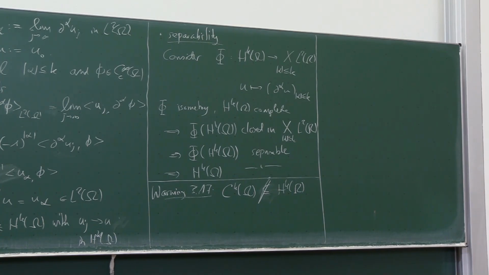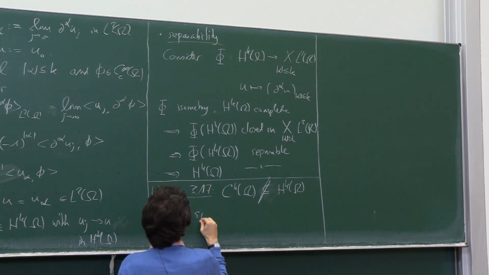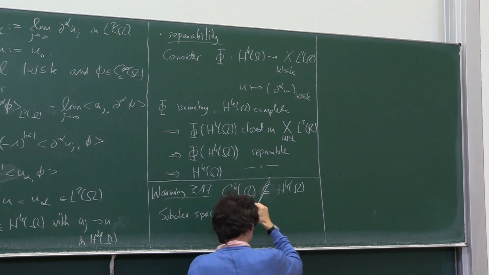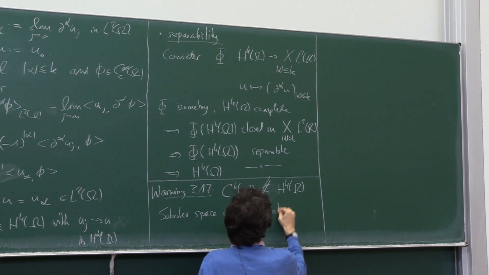There are many functions that are nicely continuously differentiable, but not square integrable. And then they are not in H^k. So always keep in mind that being in a Sobolev space does say something about differentiability, up to the order k.